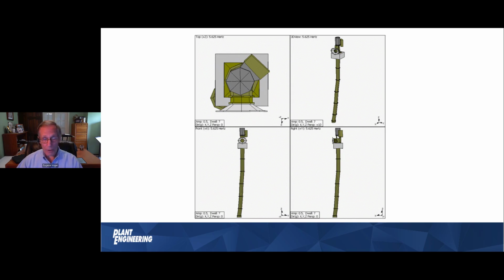In the other 3 quadrants, you have the X, Y, and Z view of it. So it breaks it down pretty clearly so you can see just exactly what's going on. And clearly it's the pump shaking the motor in this case. Likely that pump has a natural frequency which has been excited, and that's likely what the problem is. We see some flexure in the pump column.